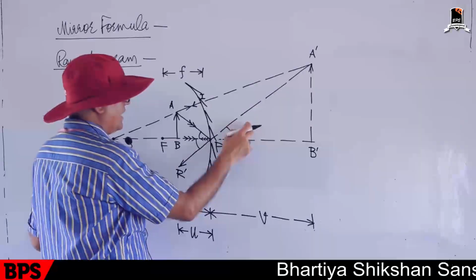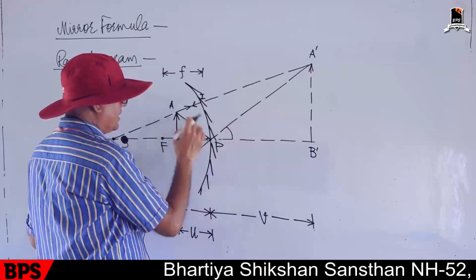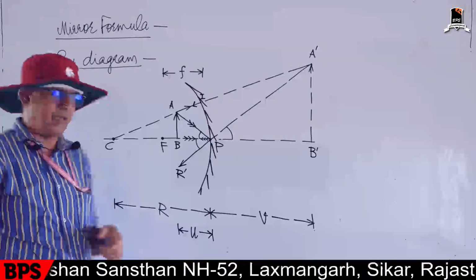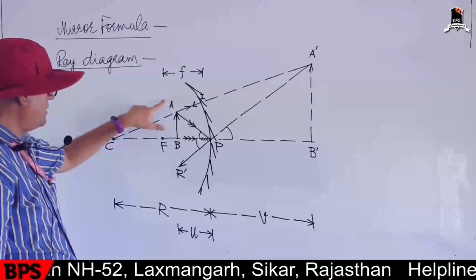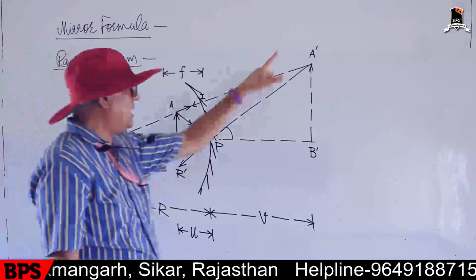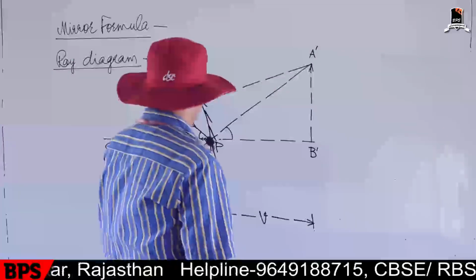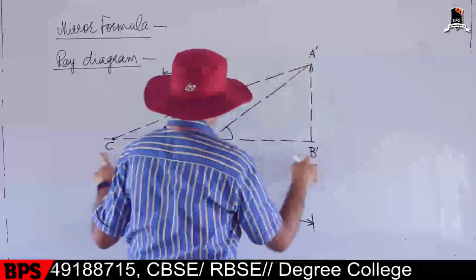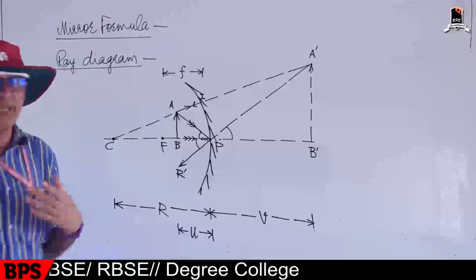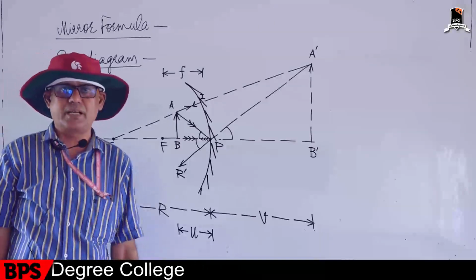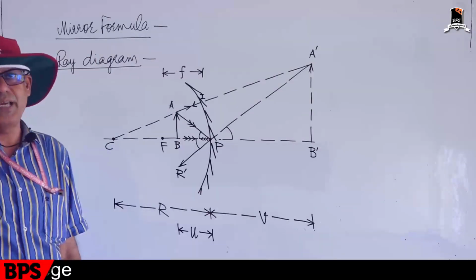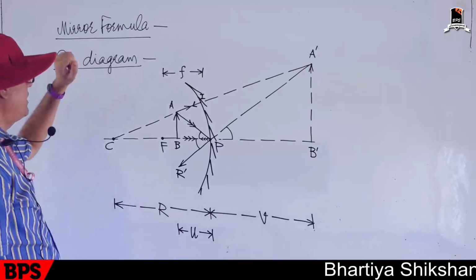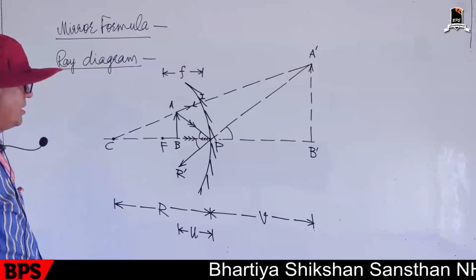Therefore in this triangle and in this triangle, all three angles are equal, therefore these two triangles are similar. So one pair is ABP and A dash B dash P. Another pair is ABC and A dash B dash C. These two pairs are similar right angle triangles. We will make use of the theorem and derive the mirror formula in this case.